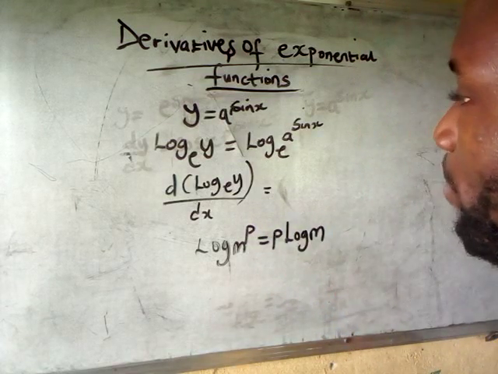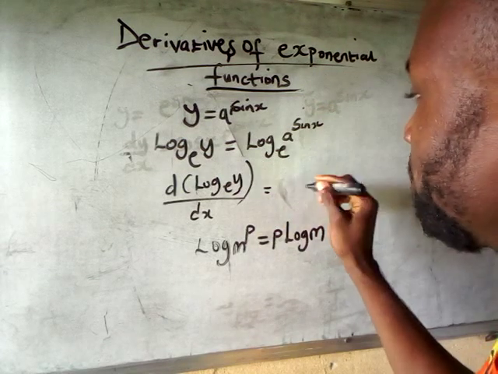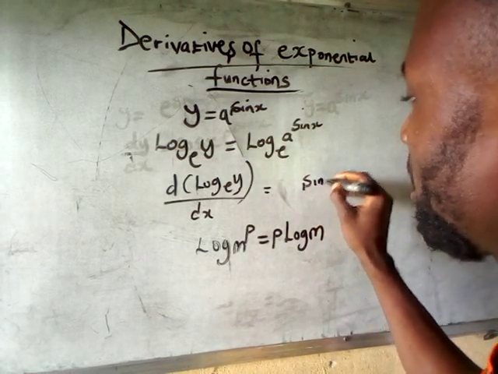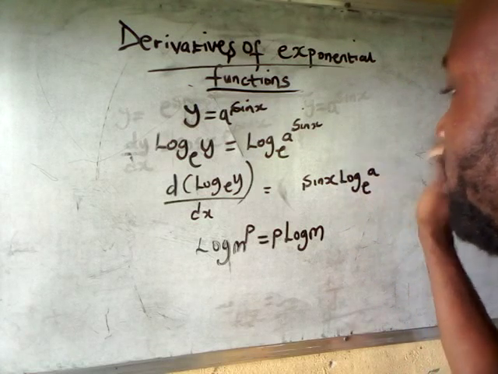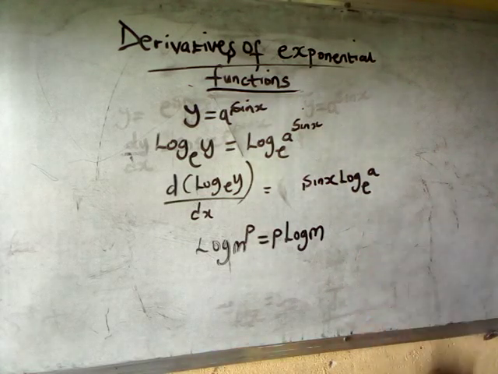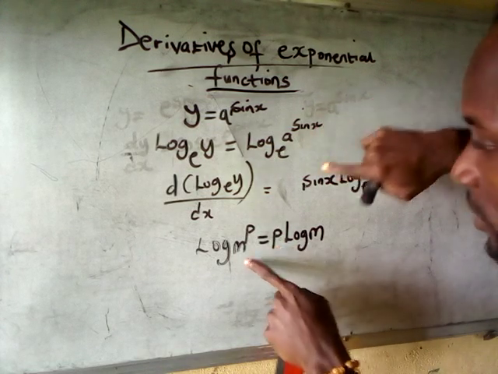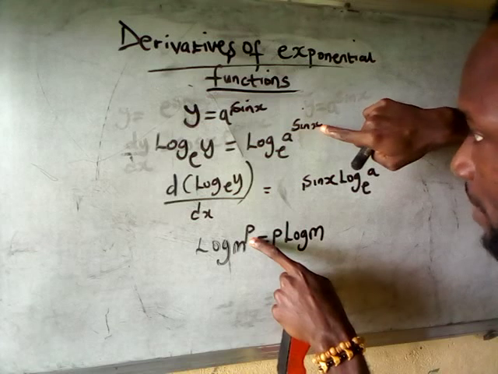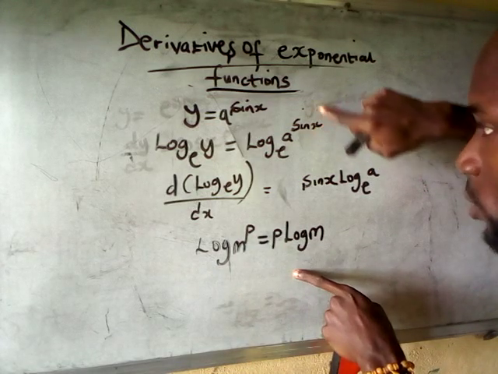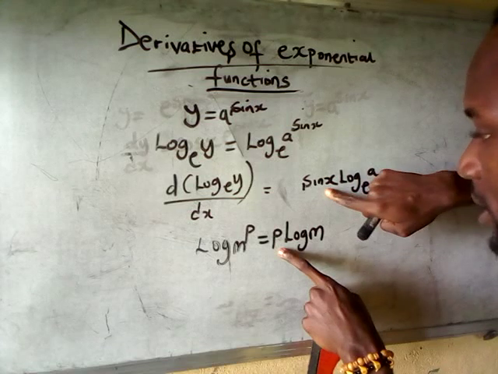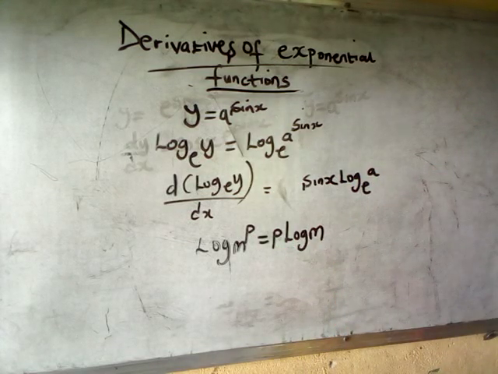So now I'm going to bring this to the front, and automatically here becomes sine x log base e a. Have you seen that? My p is this sine x, and m is a. So I changed it by bringing the power down.